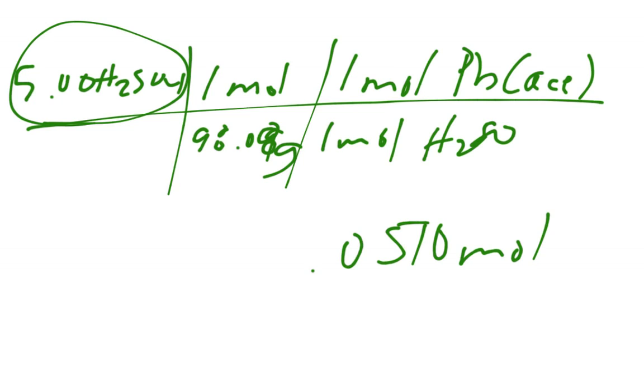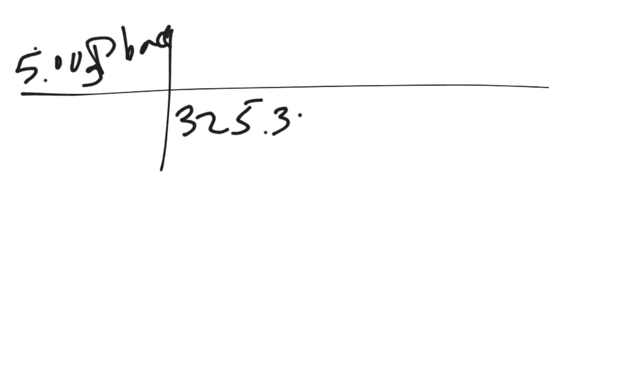So now let's look at my lead acetate and see how much that does to see if it is my limiting reagent or not. That one is also 5 grams. And this is my PbACE. And that one has a molecular weight of 325.30, so a lot heavier than my other guy.